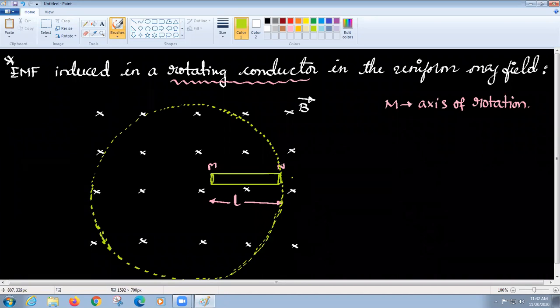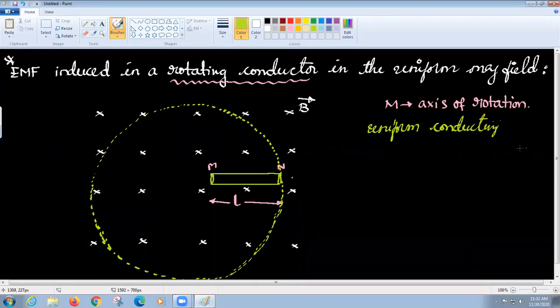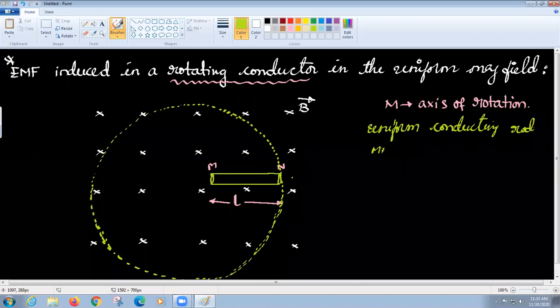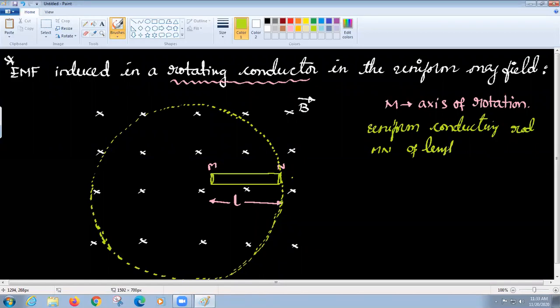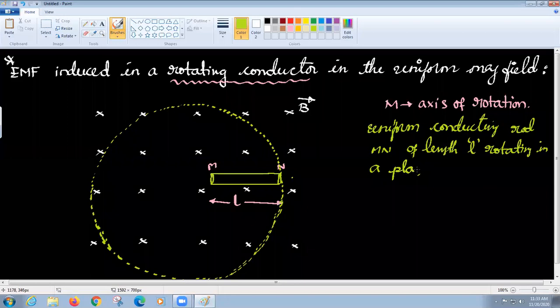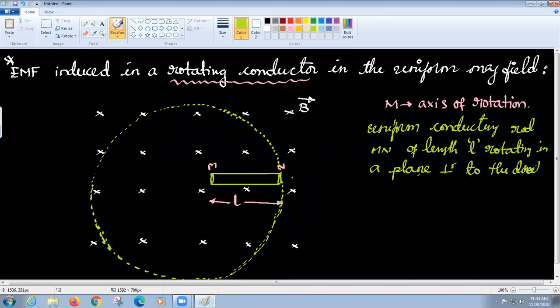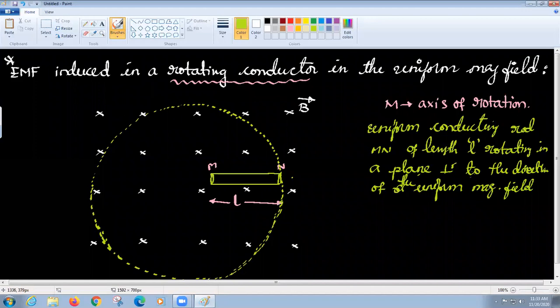Now what we can say is that this is a uniform conducting rod. I have a uniform conducting rod MN of length L rotating in a plane perpendicular to the direction of the uniform magnetic field.